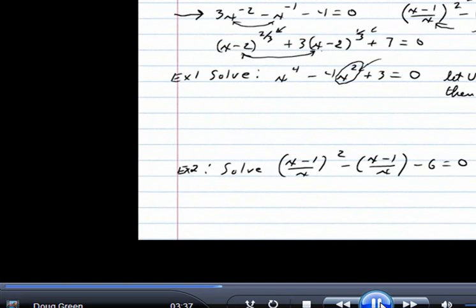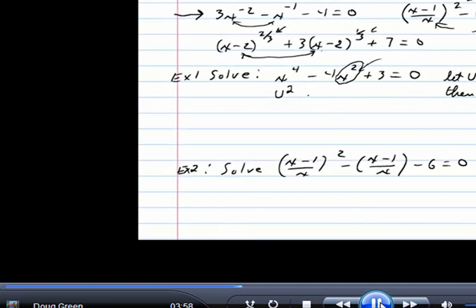Then we can say U squared is x squared squared, which is x to the 4th, which is exactly our first term. So our first term could be written x to the 4th, but since x to the 4th is the same as u squared, our first term could be read u squared.